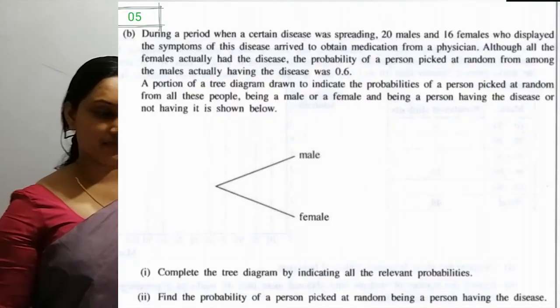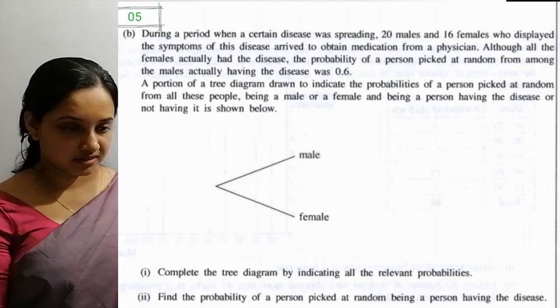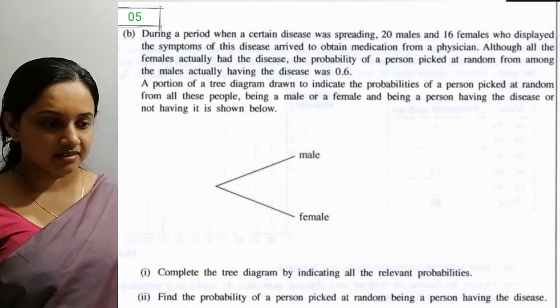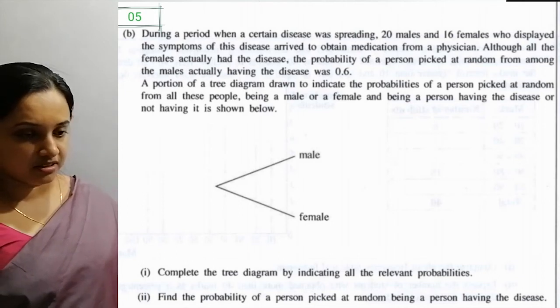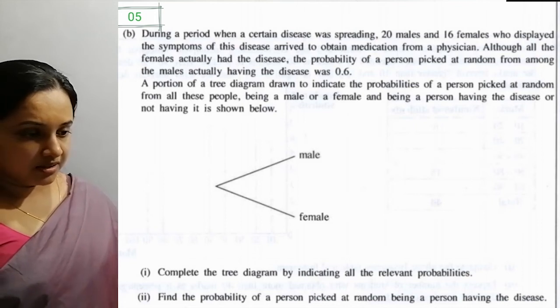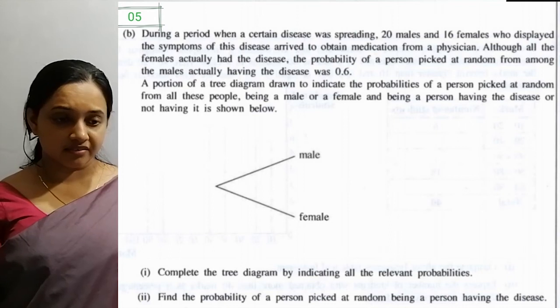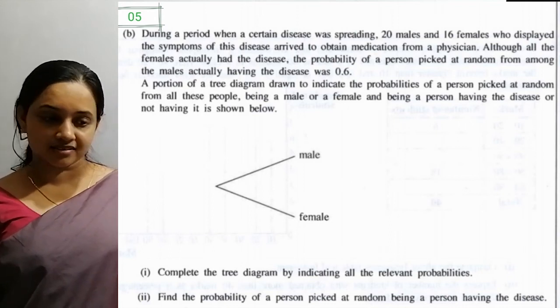Then part B. During a period when a certain disease was spreading, 20 males and 16 females who displayed the symptoms of this disease arrived to obtain medication from a physician. Although all the females actually had the disease, the probability of a person picked at random from among the males actually having the disease was 0.6.